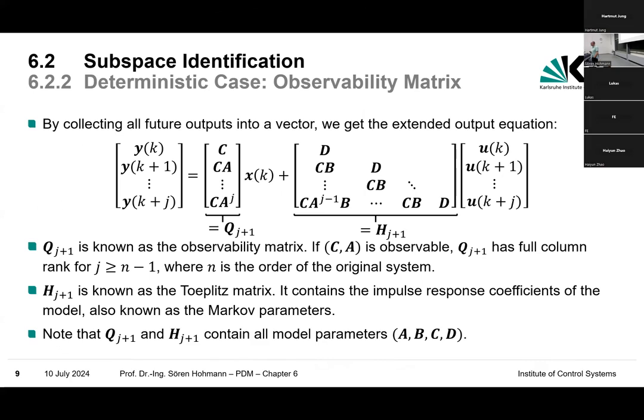Full column rank. Can we be sure that we reach the full column rank with j equal to 2 if the system is of order 5? No. Exactly, which we do not know. But what we can do is go to any value which is greater than lowercase n.